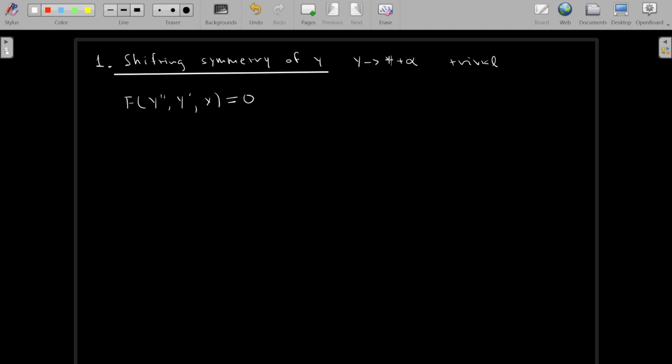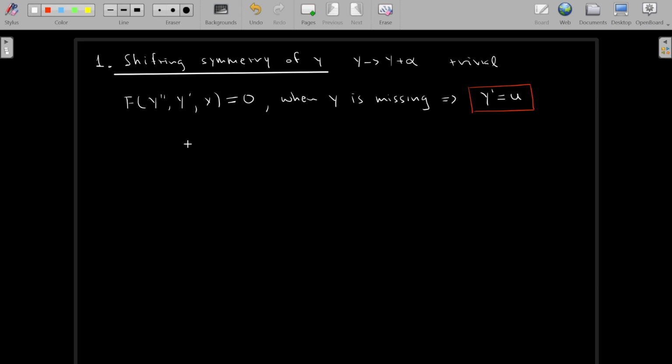That is why, under this symmetry, this remains invariant, meaning that whenever you find a differential equation of second order and y is missing, you can deploy the transformation y prime is equal to u of x, and you will have your equation reduced to first order.